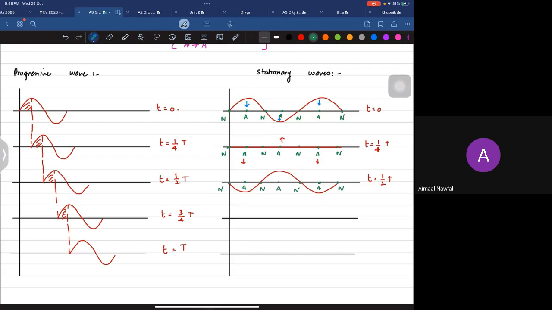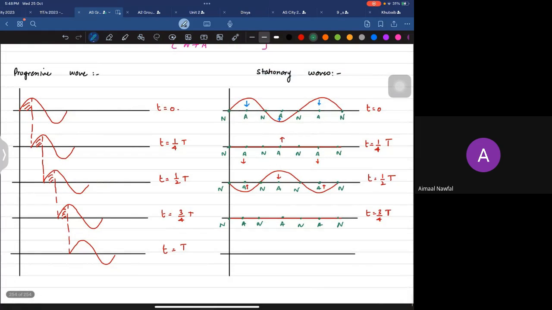Now again, when 3/4 of the time period has passed, these need to go up, this needs to come down back, this needs to go up. So they just form another flat line like that. Nodes are still there, antinodes are still there, nodes, antinodes, nodes, antinodes, nodes, like that.